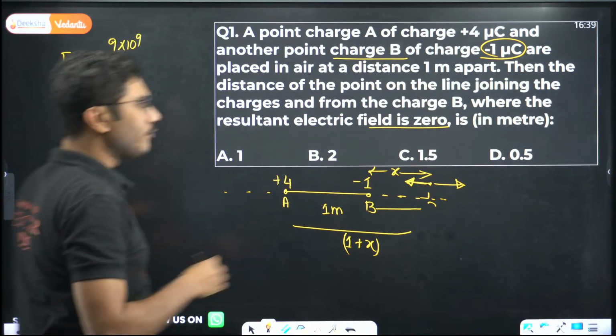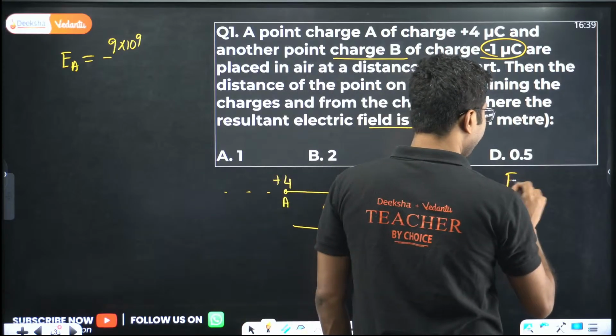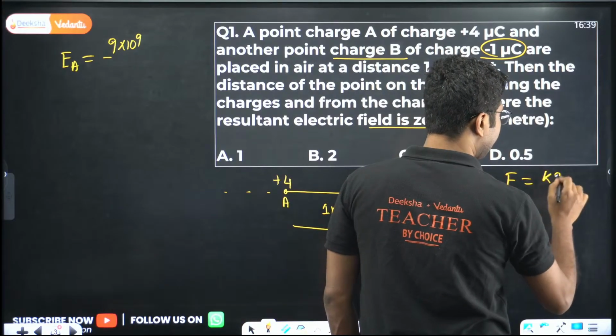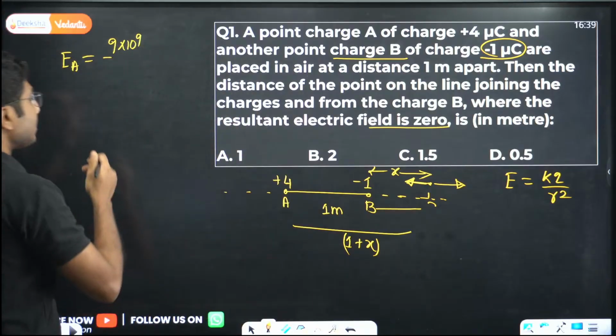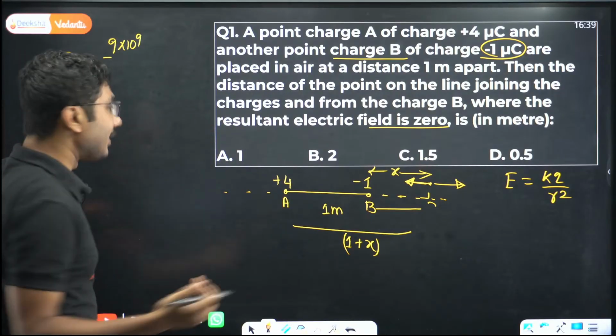The electric field formula you have to remember is always kq by r square, right? Based on the case we will use the values.